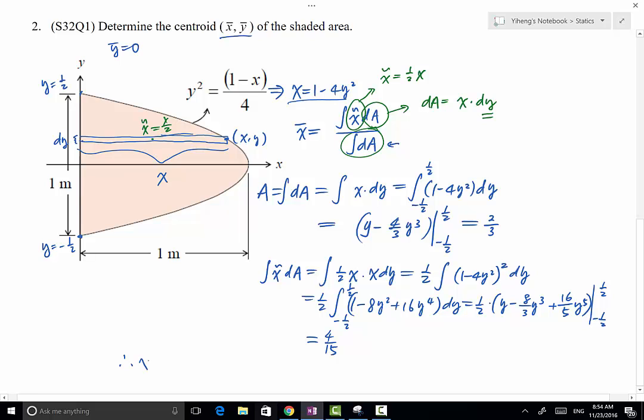Therefore, your x bar equals 4 over 15 divided by the total area, which is here, 2/3.